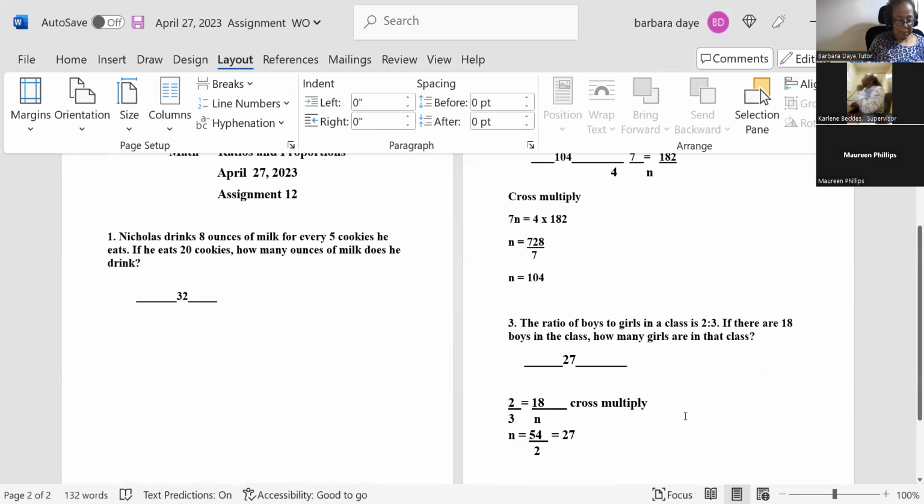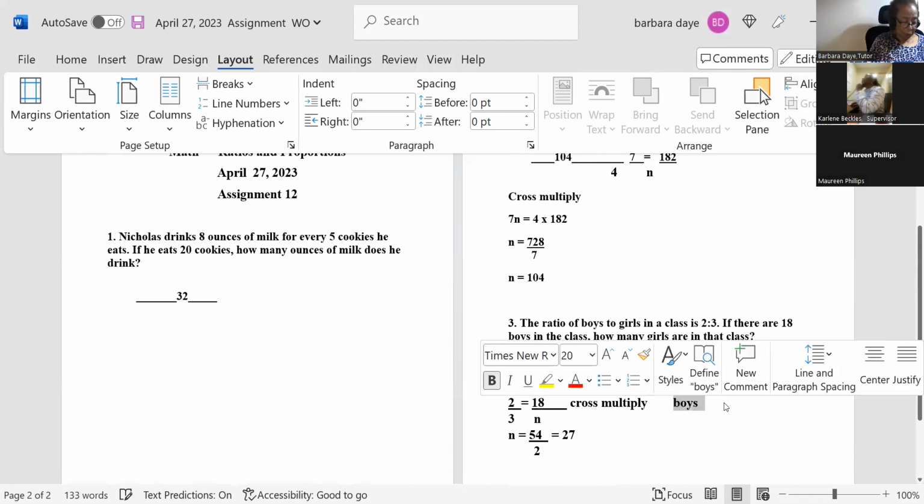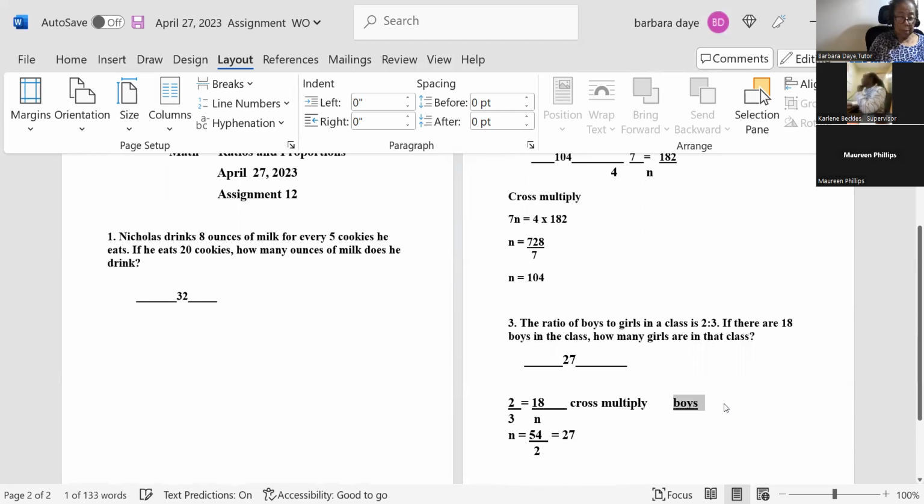But see, the thing is, if you think you'll make a mistake, just put actually what the ratio is between. In other words, boys over girls. If you think you will get it mixed up, put actually what it is, boys over girls.